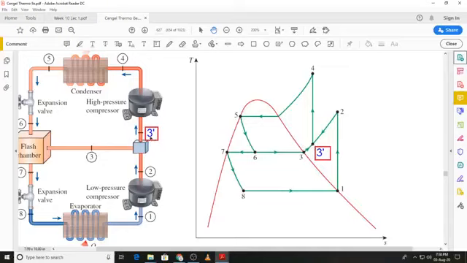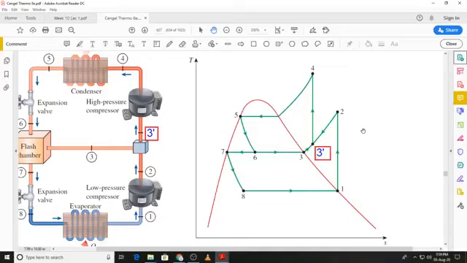And then again we have the compression from state 3 prime to state 4, and then the rejection of the heat in the condenser, and here you can see the portion which represents the sensible heat transfer from 4 to this point on the saturated vapor line, and then the latent heat transfer, the condensation process inside the dome.